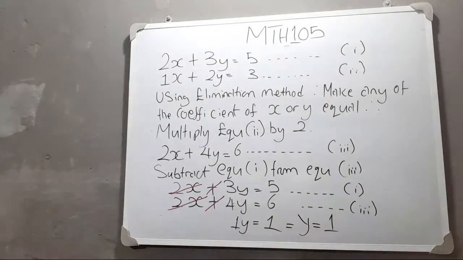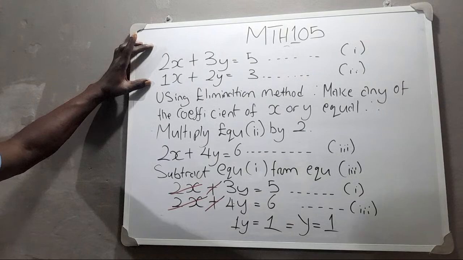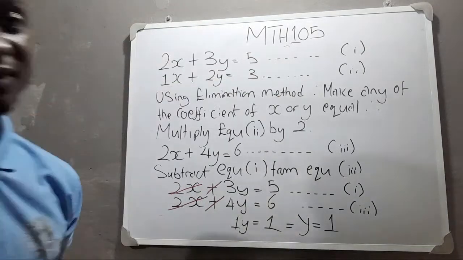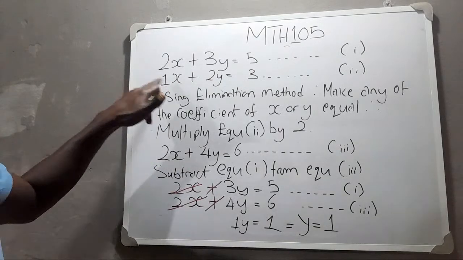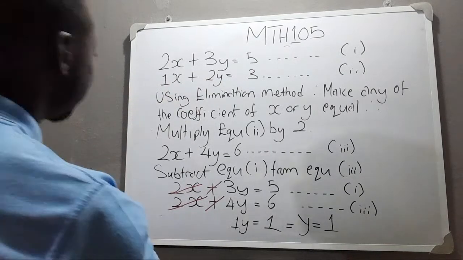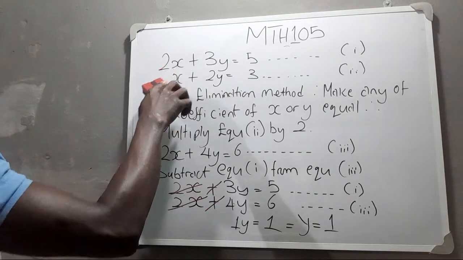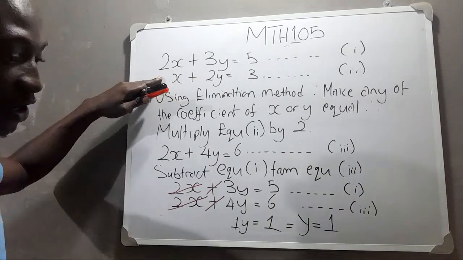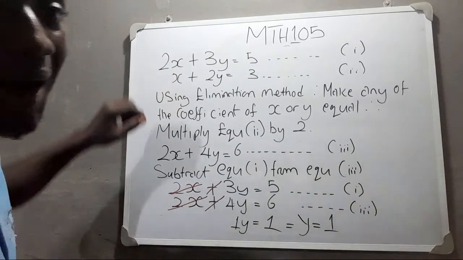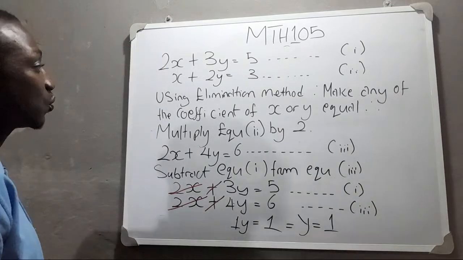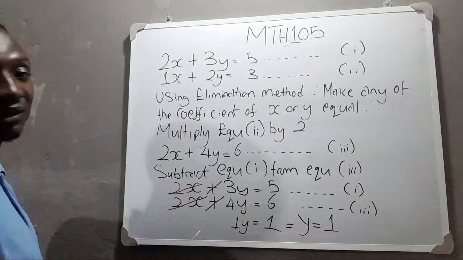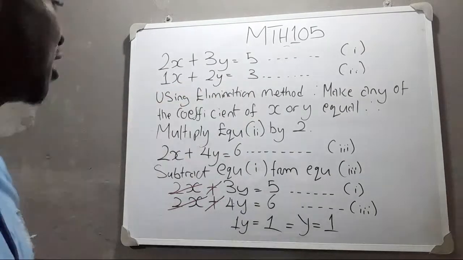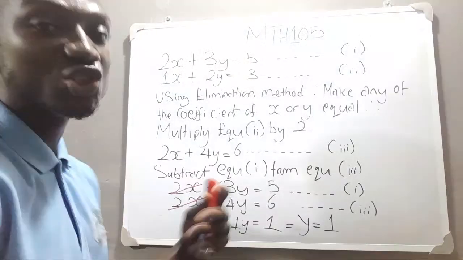Now to explain that, this is our question here. We have equation 1 as 2x plus 3y equals 5. And we have equation 2 as 1x plus 2y equals 3. Originally, there is no 1 here, but it is assumed that there's an invisible 1. So I wrote it. Now, we are using the elimination method.